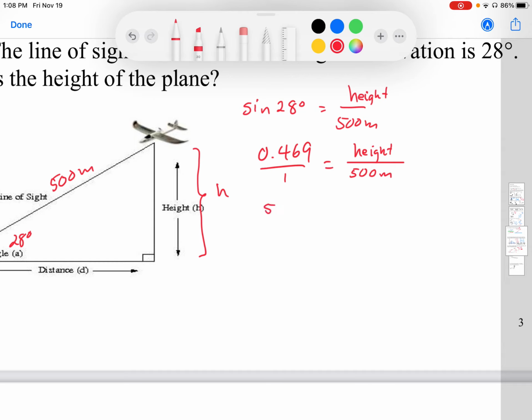So when I solve for the height, I get 500 meters times 0.469 equals the height. Calculating the height, I'm going to multiply that by 500, and I get 234.74.